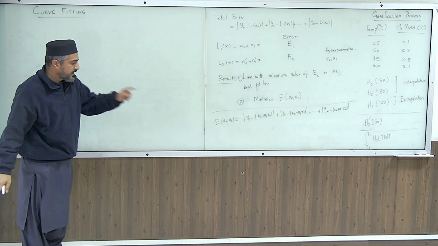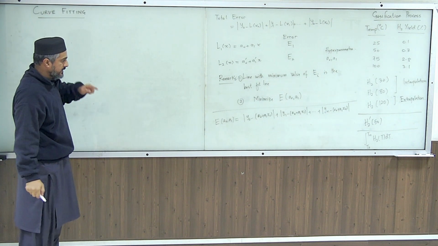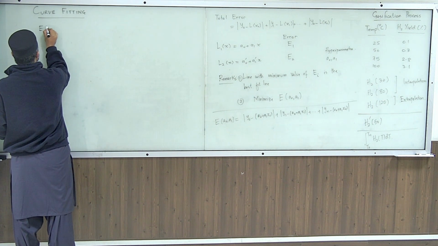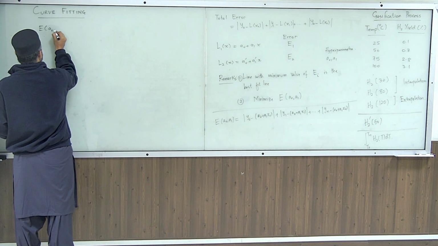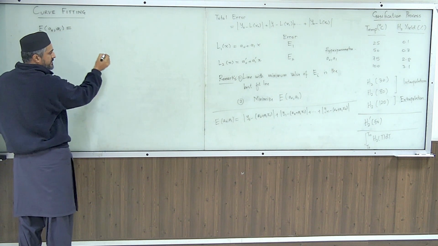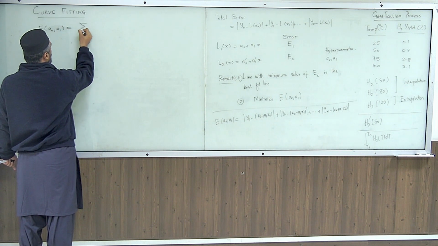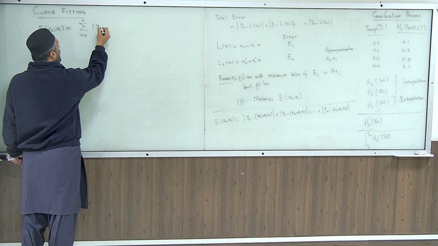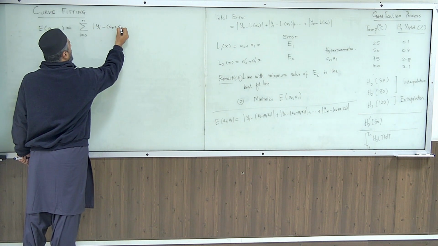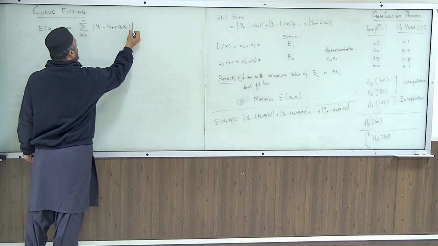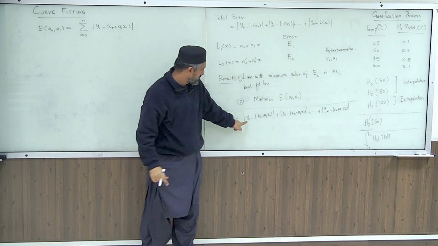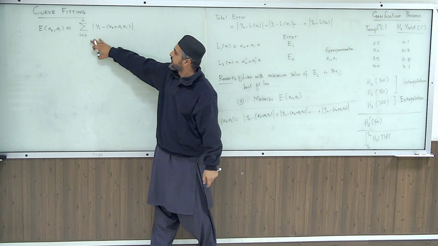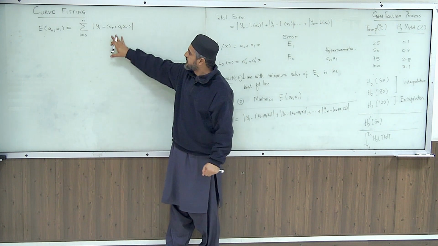If you see, the error term is a function of two variables, a0 and a1. Let me write it in summation form: the sum from i equals 0 to n of yi minus (a0 plus a1 xi). Because you get this from y0 till yn, i is running from 0 to n. So this is a summation form.